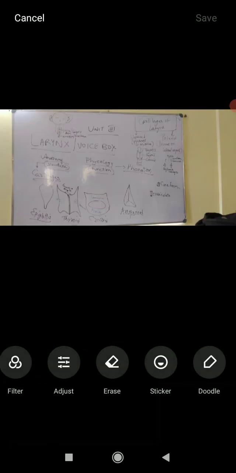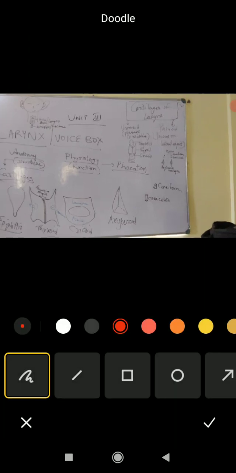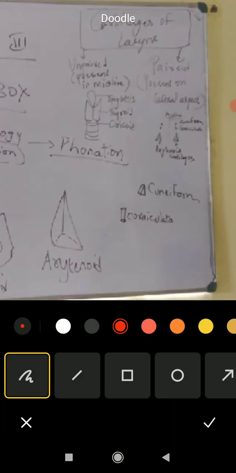Moving on to the next cartilage, the paired cartilages, which is the arytenoid cartilage. They are pyramid-shaped cartilage, sitting on the upper border of the lamina of cricoid cartilage. It has got an apex pointing upwards and a base sitting on the cricoid cartilage, and it has got a process directed forward.